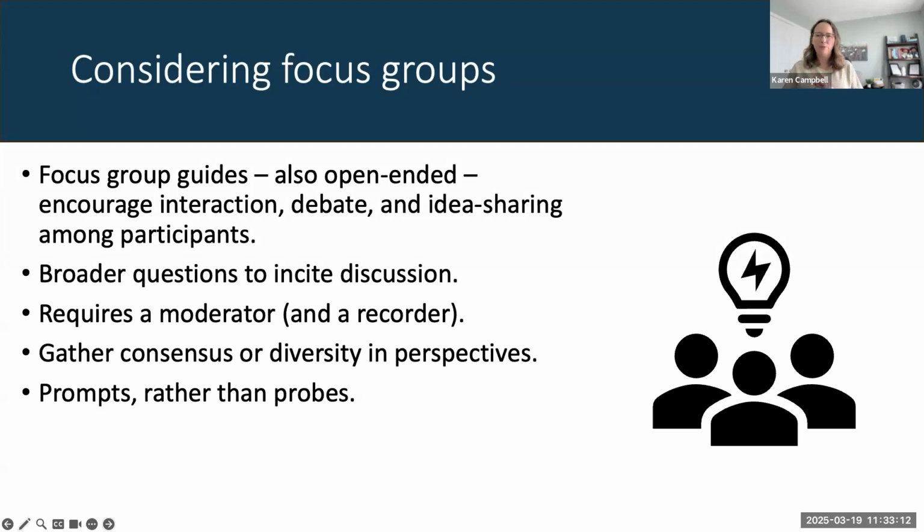The reason why you want to do focus groups is because you want to think about how these people are interacting together. So you want to do things that are encouraging interaction between the members or encouraging them to think about something from one angle and ask, does anybody have a different perspective on this, so that there's more of a debate going or idea sharing.